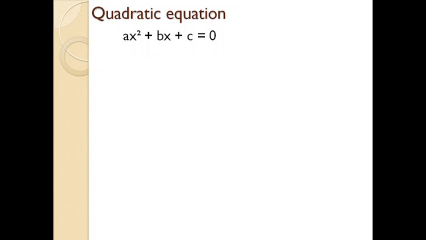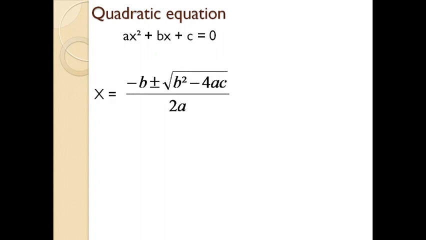ax square plus bx plus c equal to 0. This is the format of a quadratic equation, and in order to find the value of the unknown, we use this formula: x equals minus b plus or minus root of b square minus 4ac, divided by 2a, where minus b represents the bx of the quadratic equation, and b square also represents the same bx in the quadratic equation.